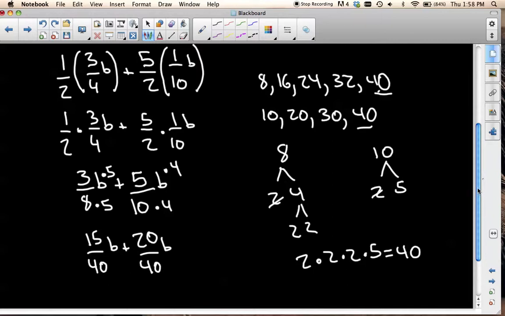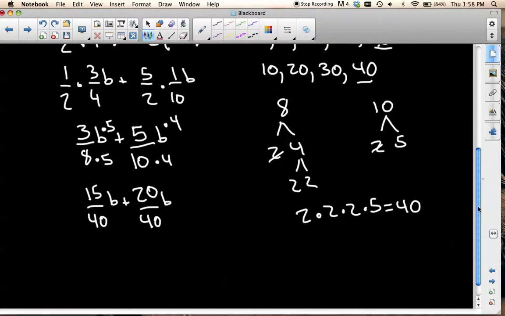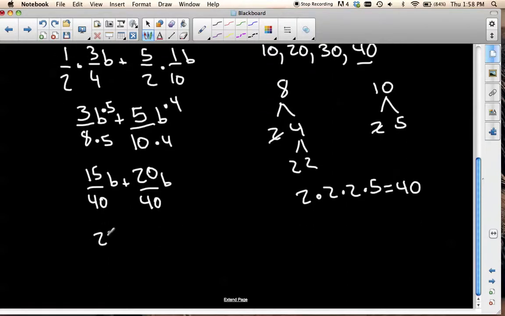And if I add that together, I end up with 25 over 40b, which I can reduce because both of these numbers are divisible by 5. So I end up with 5 over 8b as my answer.